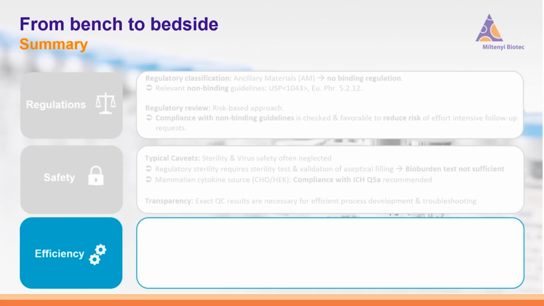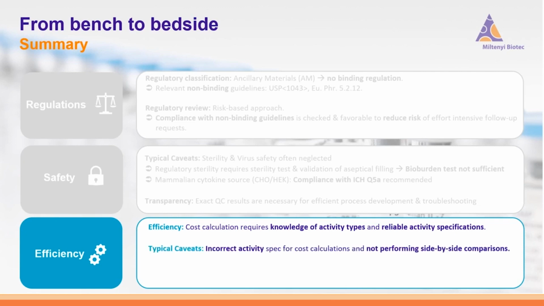So, with that, we would be at the end of the third chapter of this webinar. Let me sum this up. First of all, for efficiency, it's very important that you know what activity types are out there and how reliable activity specifications actually are.